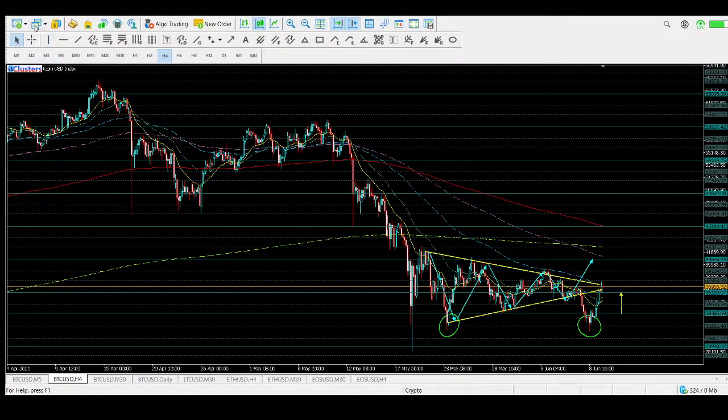While we're here, I might as well show you a few of my trade setups that I've done the last couple of days. Gold, the Australian dollar.